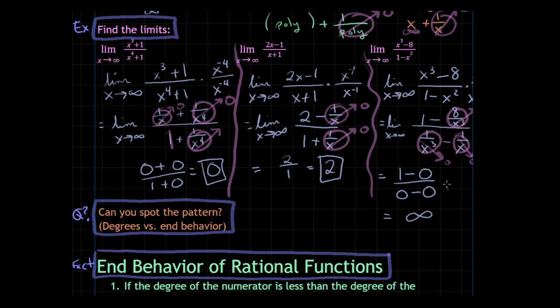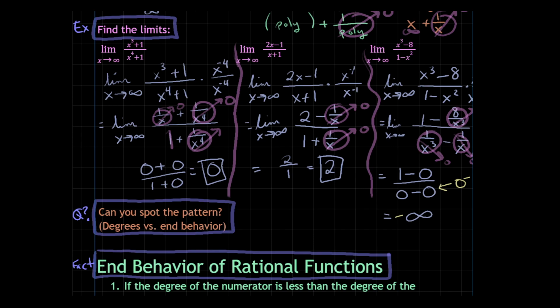So this 0 down here is a 0 minus a bigger 0. It's a small positive number minus a bigger small positive number. So the denominator is actually going to 0 from below, which means that infinity should have been negative.